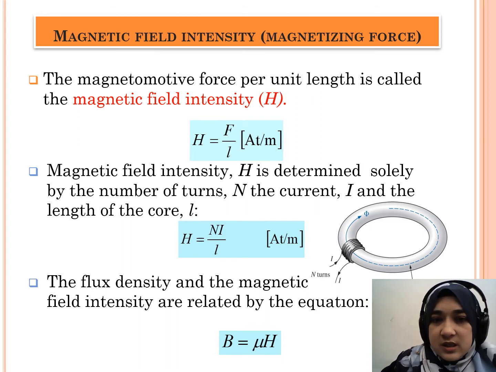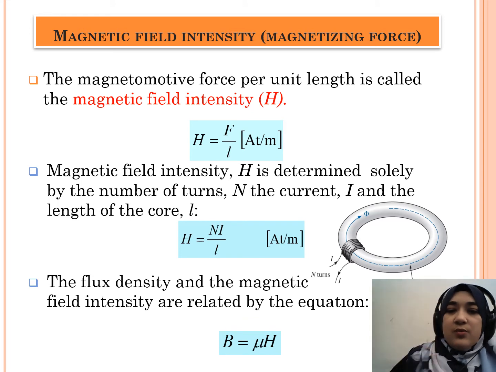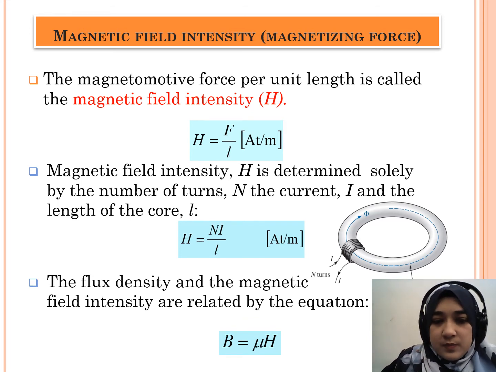This is the definition and also the formula: H equals F over L. H is determined solely by the number of turns N, the current I, and the length of the core. So F equals Ni, so H equals Ni over L. So we list again, B equals mu H. These are the formulas that you should remember. You can play around with these formulas.